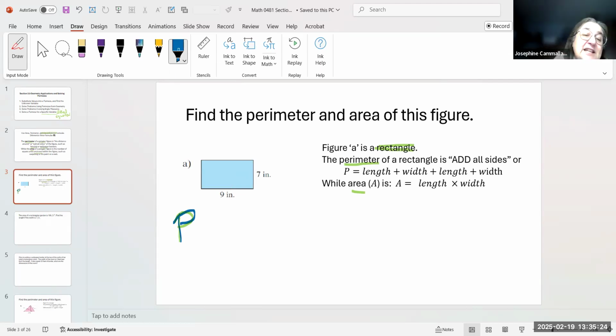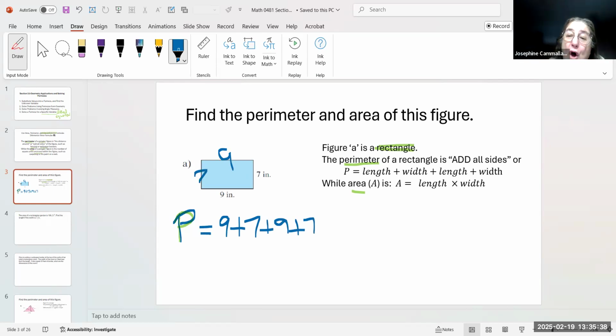So that means it's 9 plus 7, but don't forget it's also 9 plus 7 over here, all sides. Well, this will give me 32, 16 plus 16 inches. That's the perimeter.